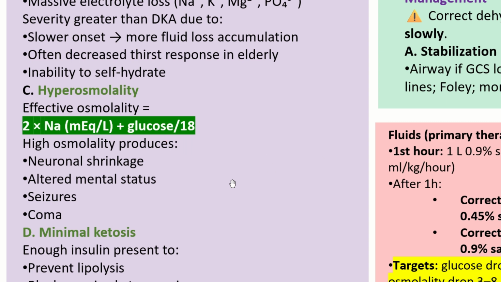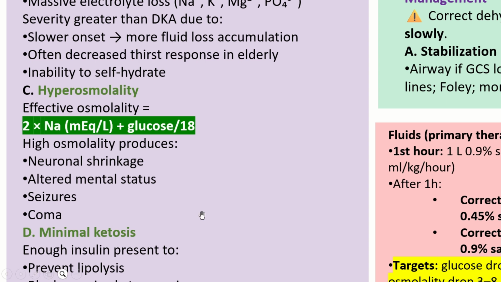And remember, water is going away, so the blood is becoming thicker, if you have to think of it in that way. Then the high osmolarity is going to start pulling water from the extravascular space. And if it's in the brain, you're going to have neuronal shrinkage, and that is going to result in altered mental status. It can result in seizures as well as coma.